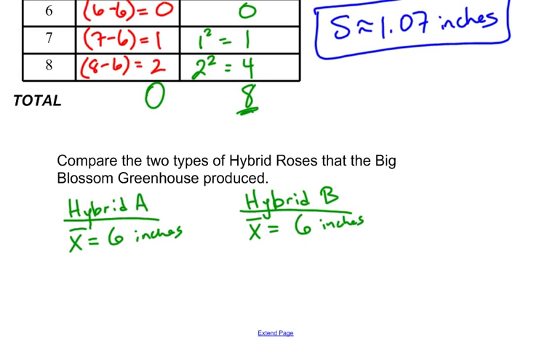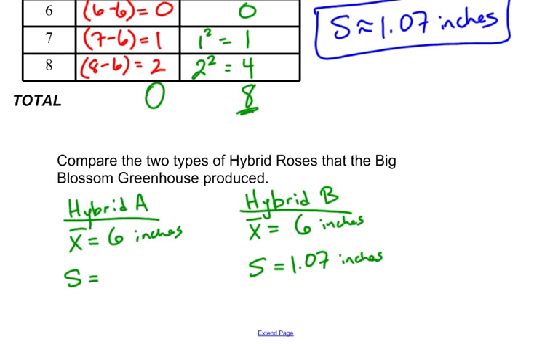But when we compared the two in terms of their standard deviations, they were quite a bit different. As we saw just now, hybrid B had a standard deviation of 1.07 inches.